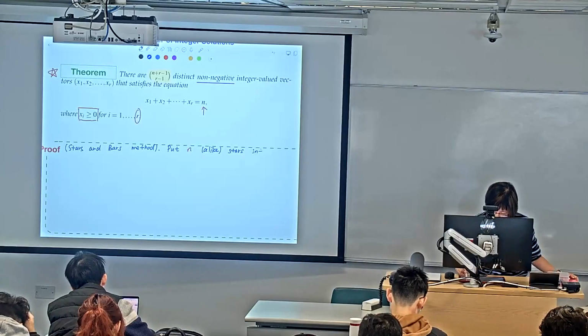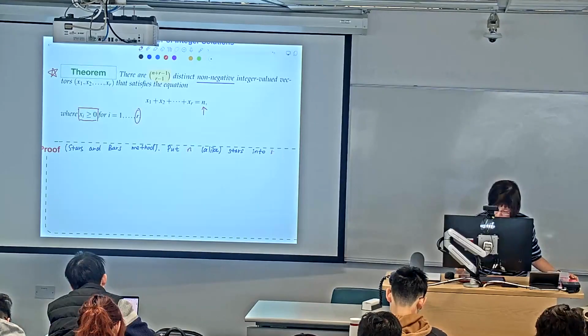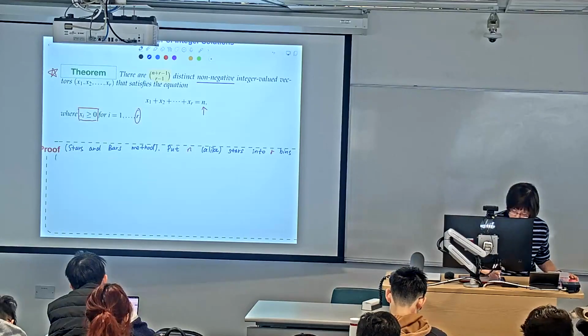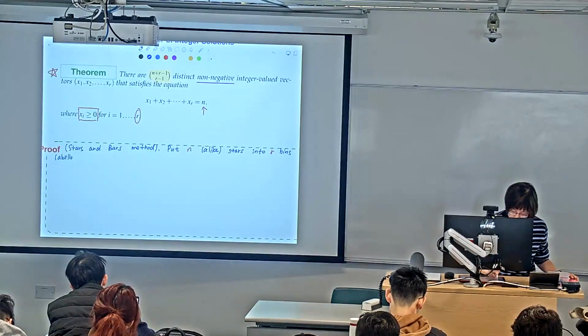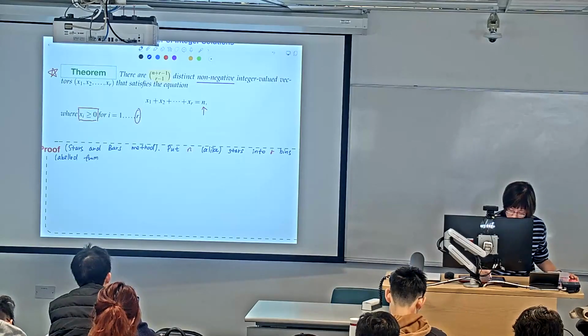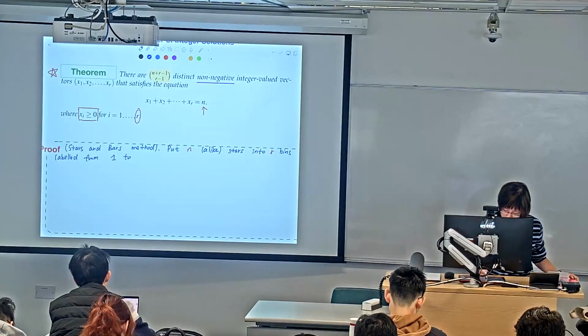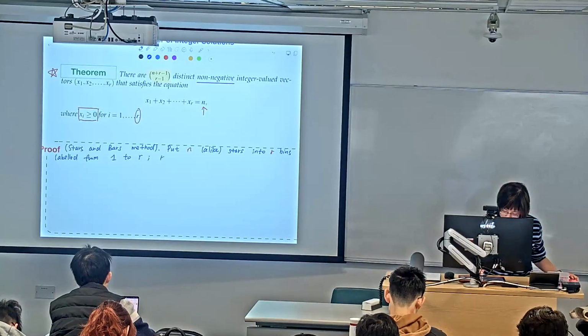into R distinct bins. So R bins, you can label them from 1 to R. So now the difference is that now the bin can be empty.